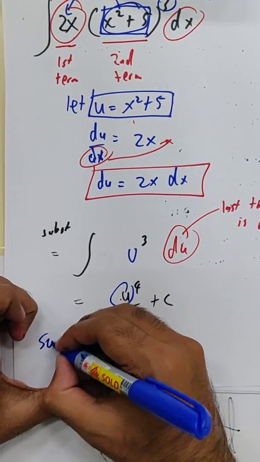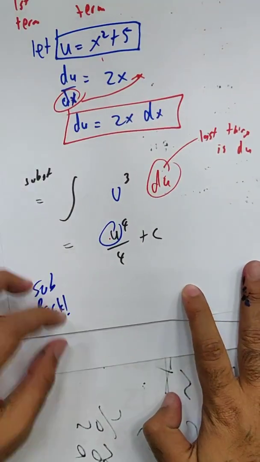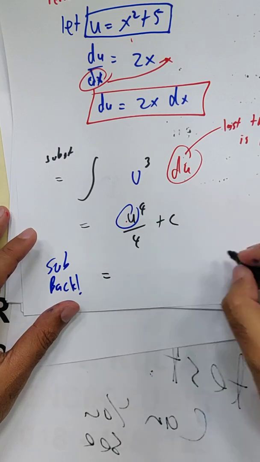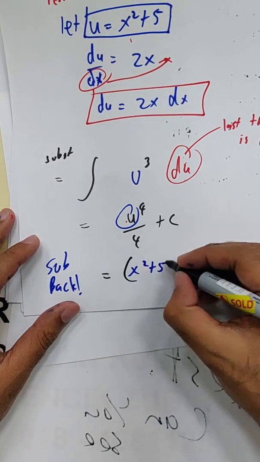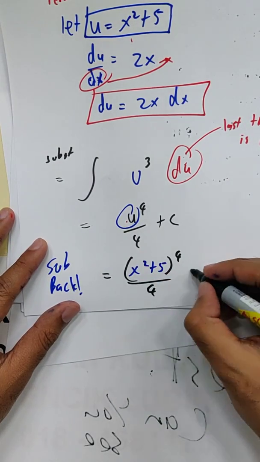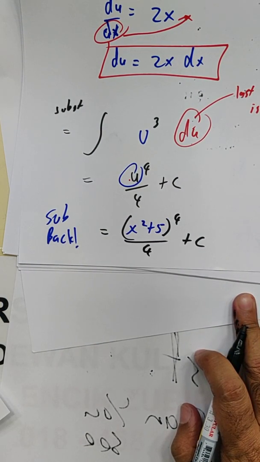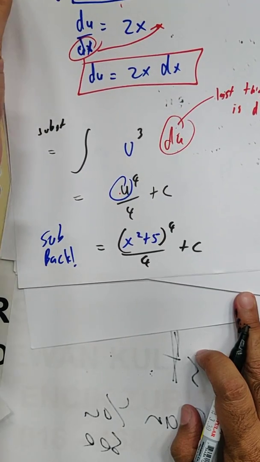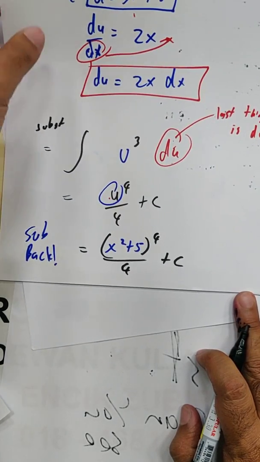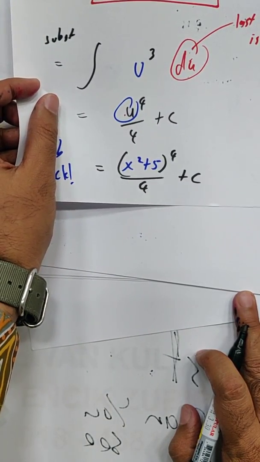So you should sub back x squared plus 5, as simple as that. Are you okay? You still alive? No. Please don't die yet. It's too early.